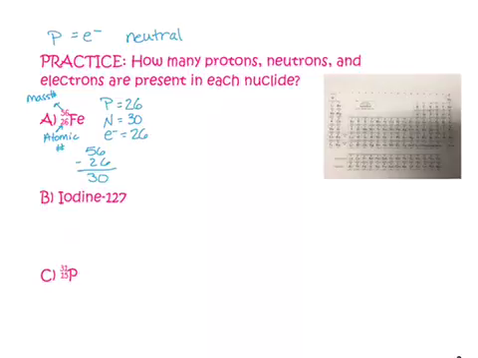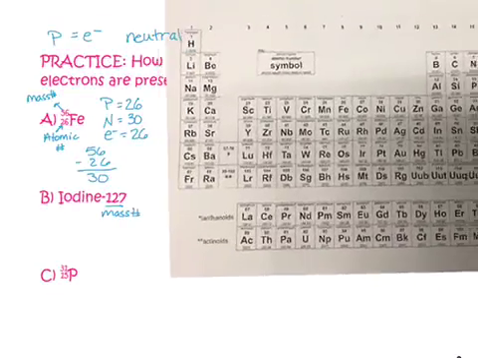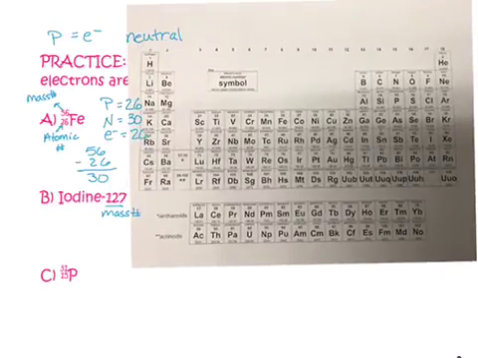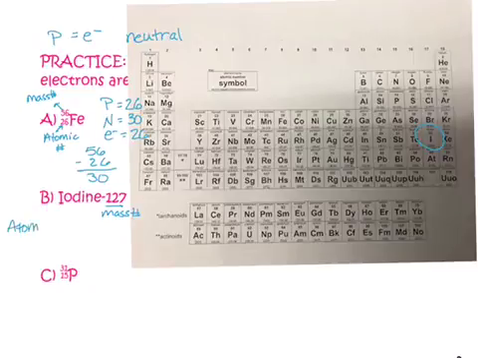Iodine-127 only gives us here the mass number. So that will require you to look up iodine on the periodic table, and it's over on the right hand side in that halogen family. And you can see that iodine has an atomic number of 53, and its mass number, as told to us, is 127.